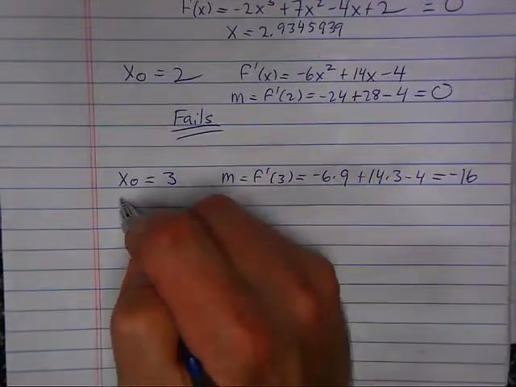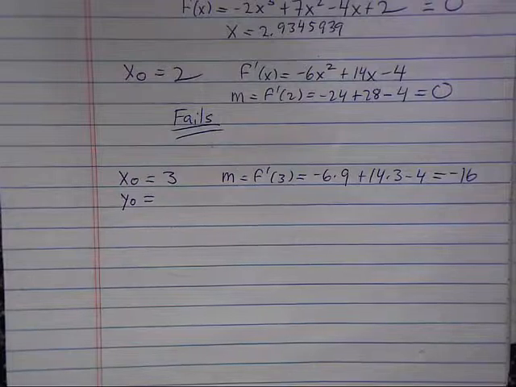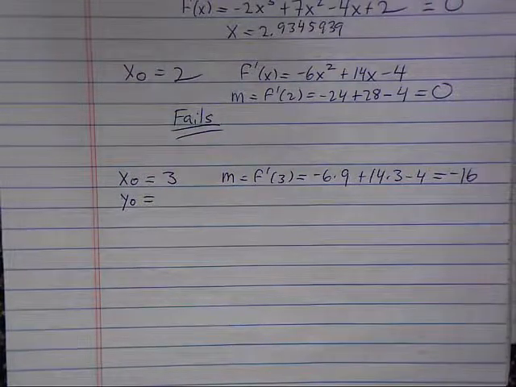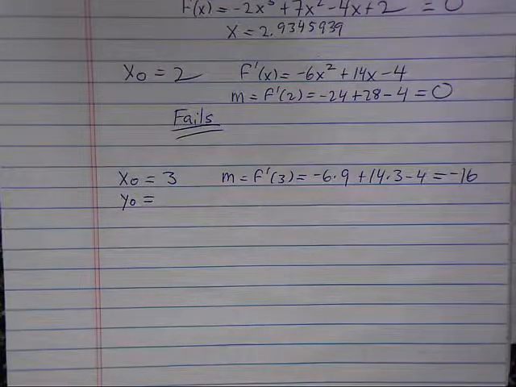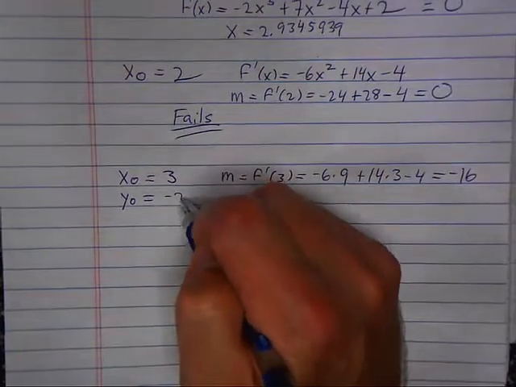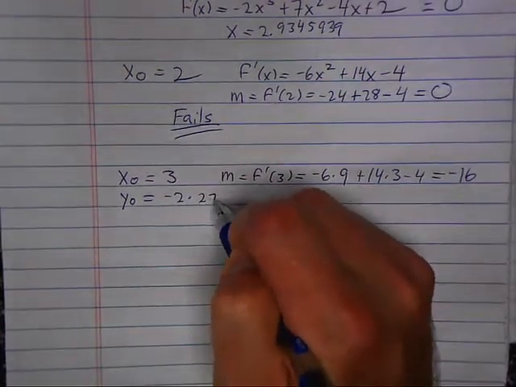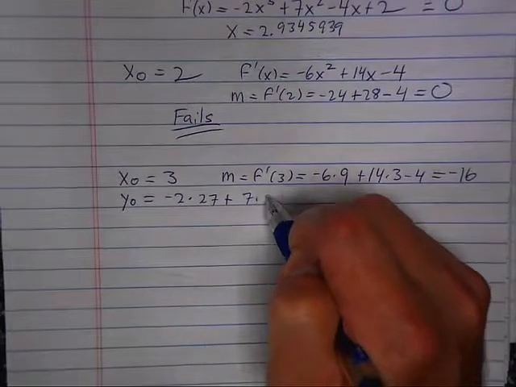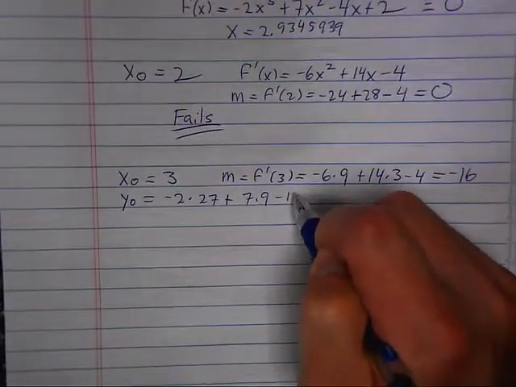So there's the slope. I also need the y value in order to find the equation of the tangent line. So how do I find the y value? Plug into the original. So that's going to be negative 2 times 27 plus 7 times 9 minus 12 plus 2.